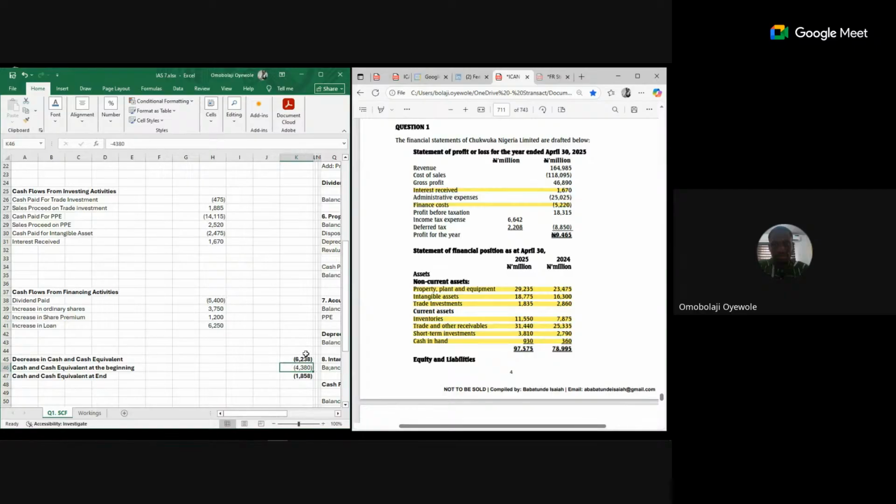That's 6,238. So let's sum all this together. Equals this plus this plus this plus this. So this will give us net cash flows from financing activities.